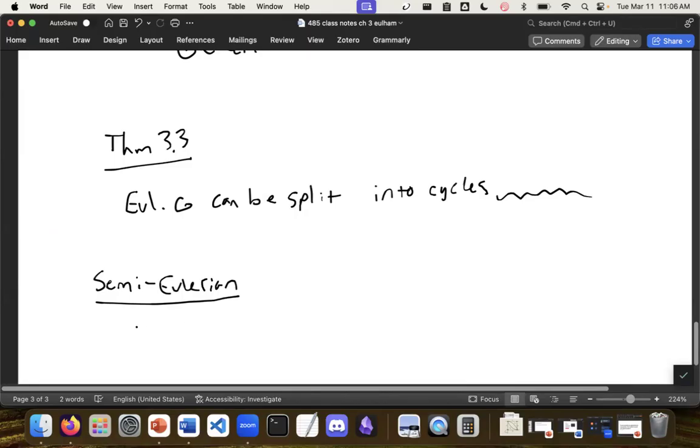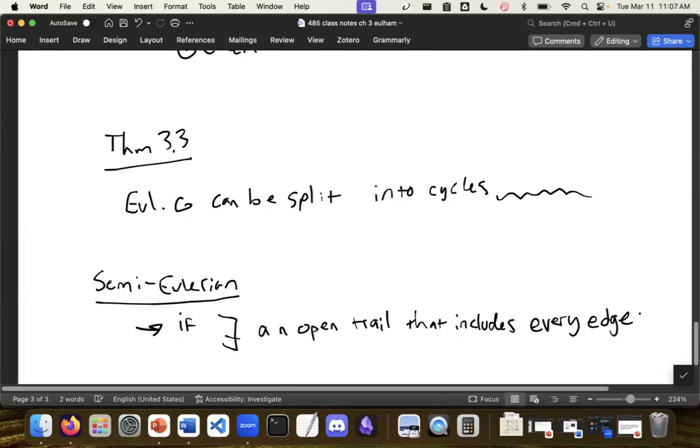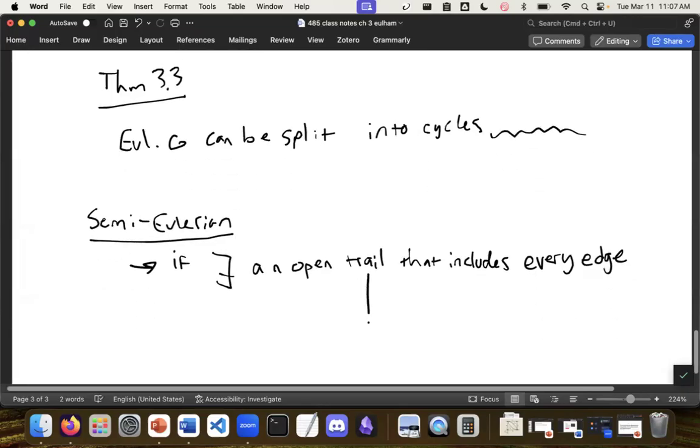So this is actually saying if there exists an open trail, so open instead of closed, that includes every edge, and that trail is called a semi-Eulerian trail.